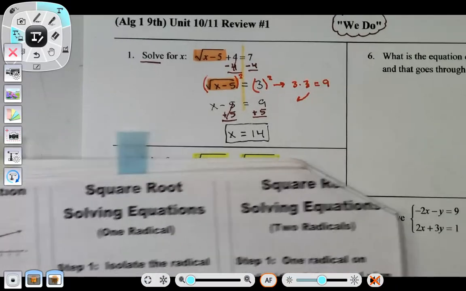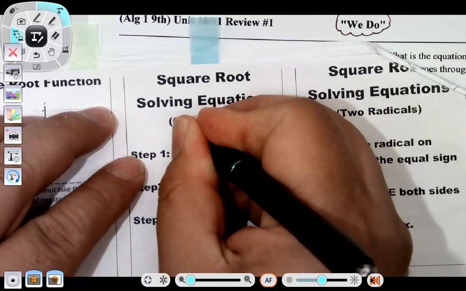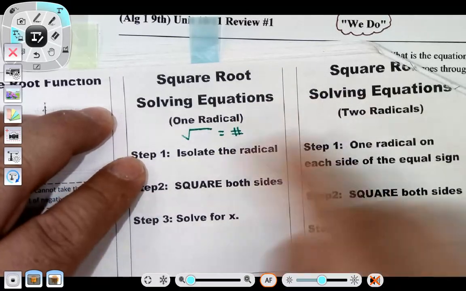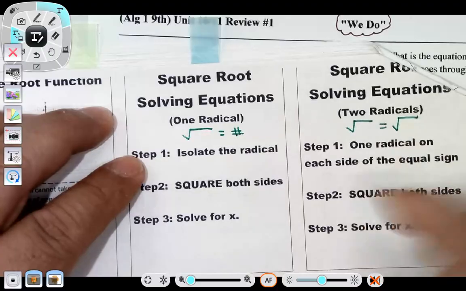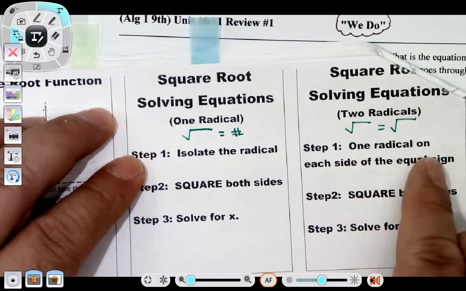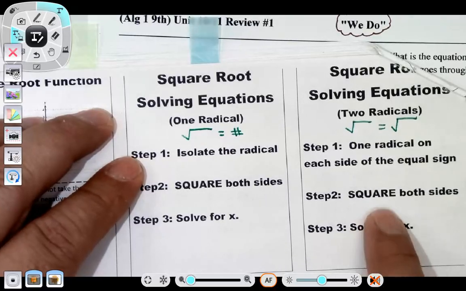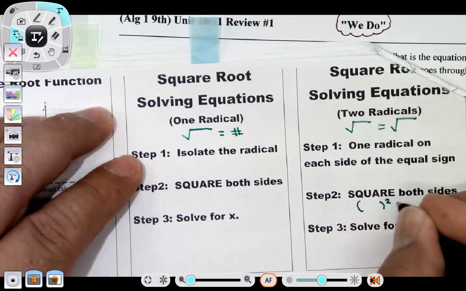So the difference between these two right here is when you have one radical, it means there's a radical and it equals some number out here. This one is saying, what if you have 2 radicals? Most likely like this. Well, one radical on each side of the equal sign. That's what we see here. And look at what it says. Square, meaning give it a power of 2.